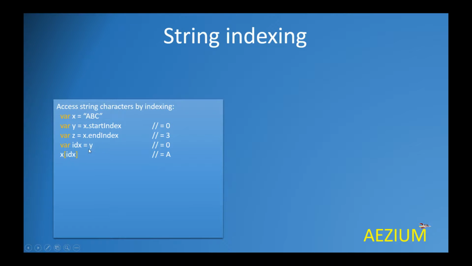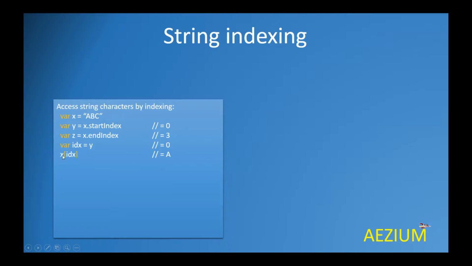Now, if we wished to extract the first character of this string, we could use this arrangement, x, which is the name of the string, followed by square brackets. Inside the square brackets, we put the index of the first character of the string, which is 0.